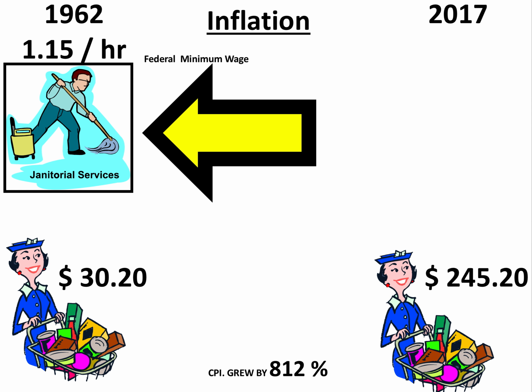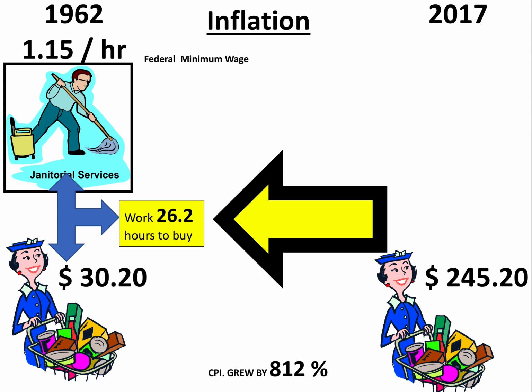So, another thing we can look at is over that same 50 years, what happened to the federal minimum wage? Well, the federal minimum wage changed in 1962 to $1.15 an hour. A whopping $1.15 an hour. Because prior to that was 75 cents an hour. Okay? And so in 1962 they made the big change to $1.15.